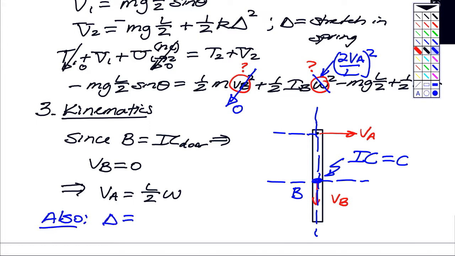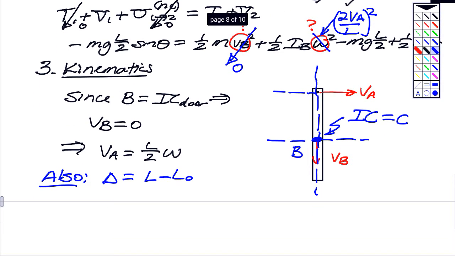The spring has an unstretched length of L over 2 times sine of 30 degrees. It says that the spring is unstretched when the angle is 30 degrees.